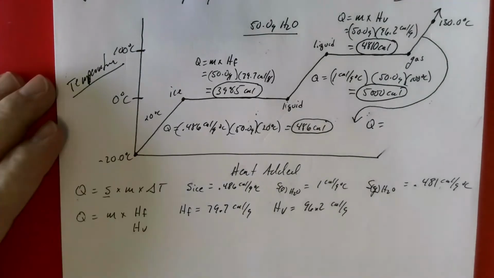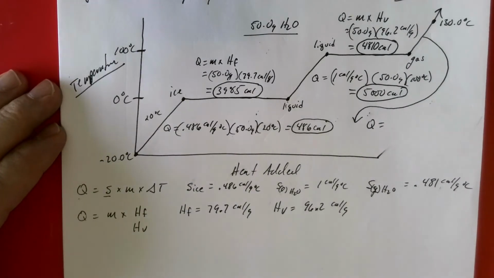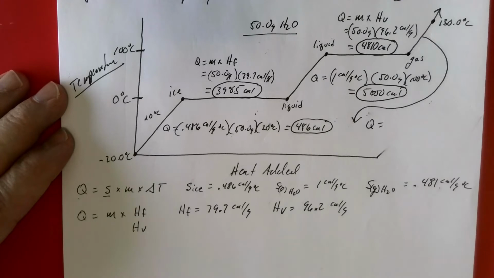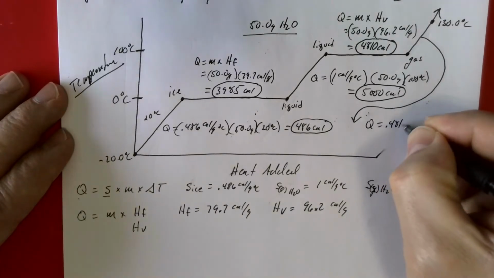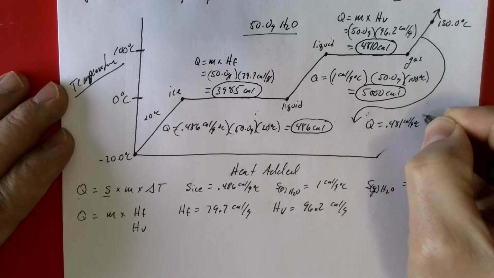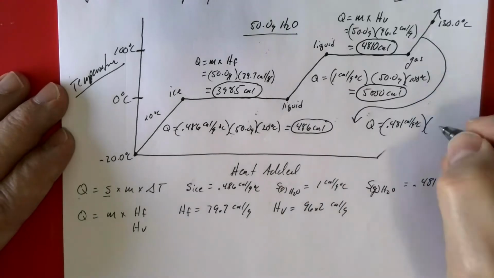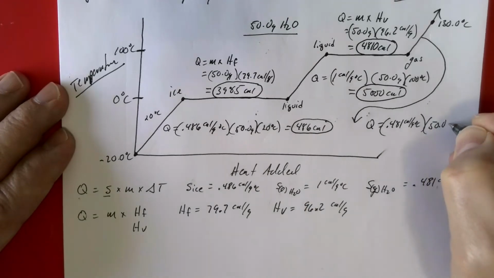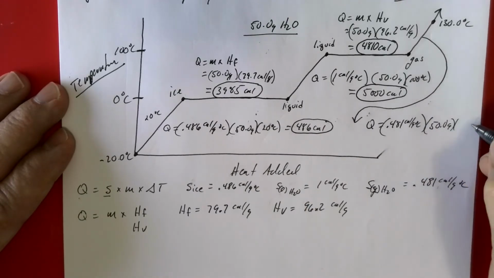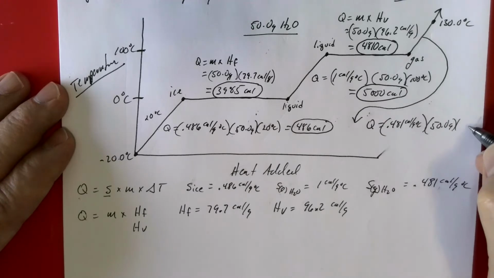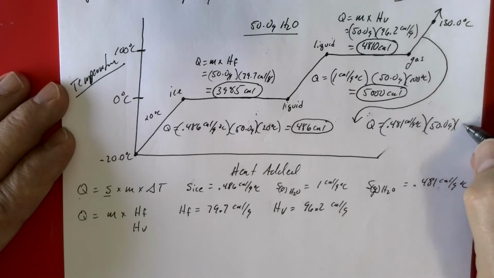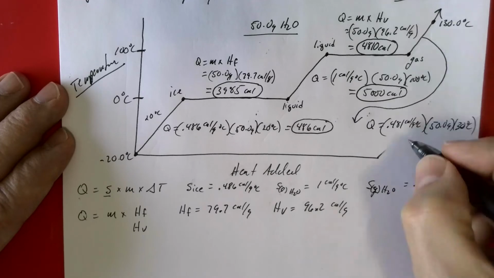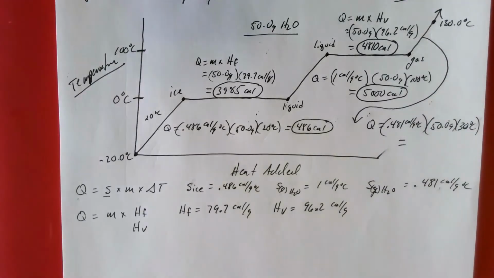Bella, what do I have to remember to use right here? The S for the gas. S for the gas, so I'm going to go 0.481 calories per gram degrees Celsius, times that by my mass, which is still my 50.0 grams, times that by my delta T, which is now what? What's my delta T now? 30 degrees Celsius. I do that math, and what's my answer?